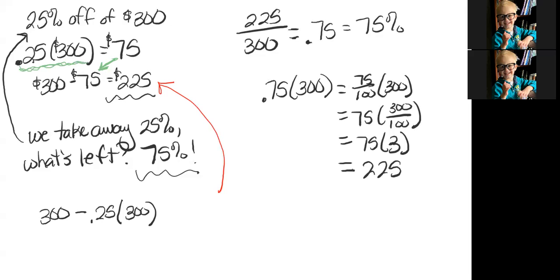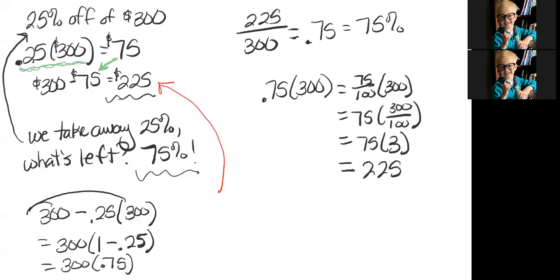And now, the reverse of the distributive property is factoring. So if we pull out a 300 from both, we can factor this out. 300 times what's left: 1 minus 25%, or 25 hundredths. And that's the same as 300 times 75%.